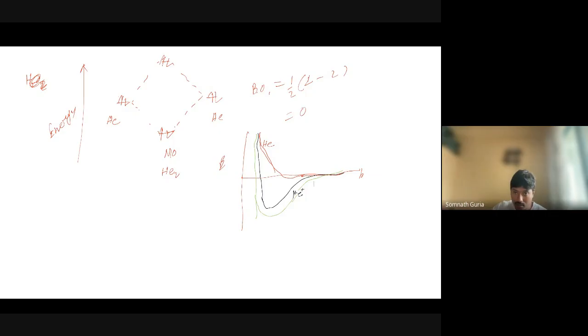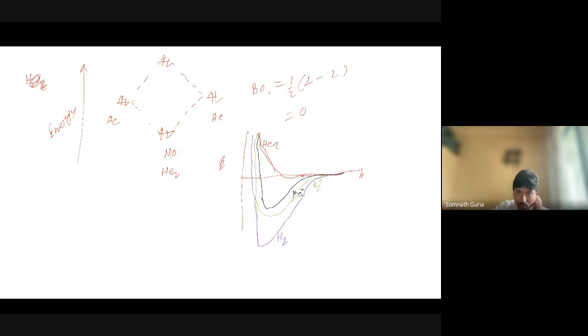This is H2 plus, and the last one is the violet one. We have a strong bonding. This is called the H2 molecule.